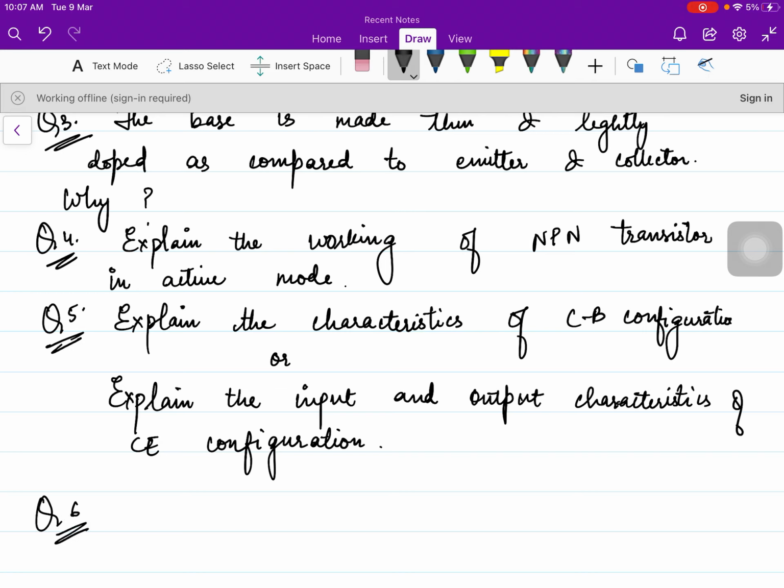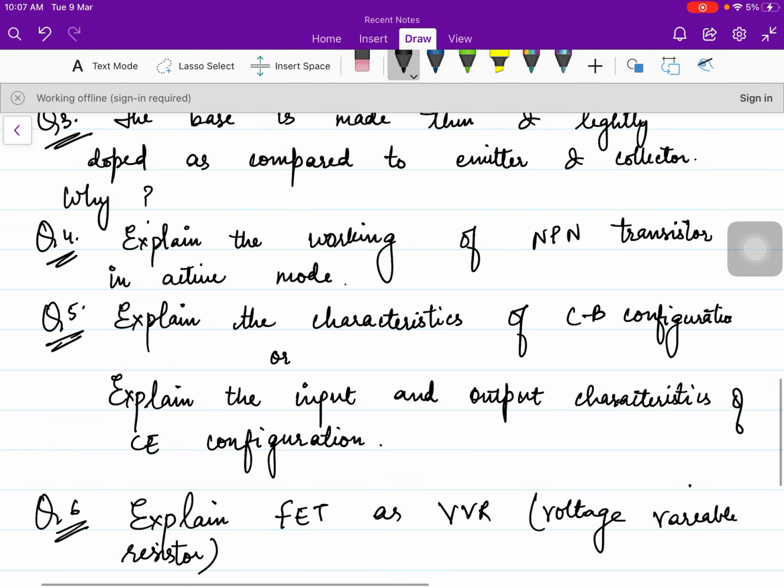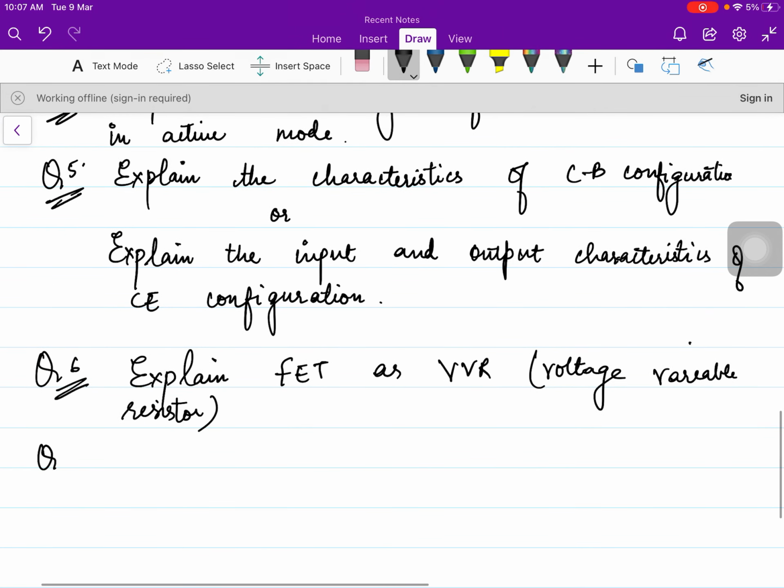Now the next question might be related to the FET part, and a very important question comes: explain FET as voltage variable resistor, that is VVR, voltage variable resistor. This is a very good question. So explain FET as VVR.